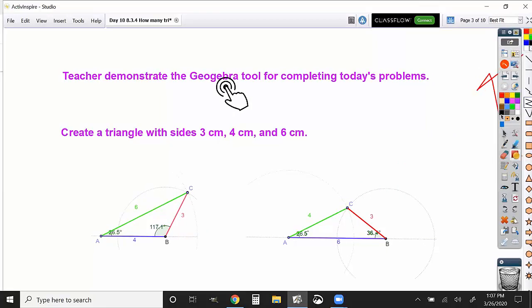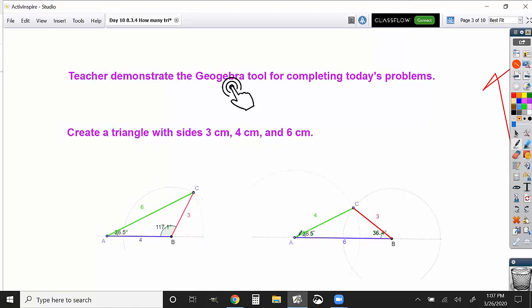That's not going to work too easily, is it? Okay, so if I trace this one, let's see if it's going to let me. Nope. Okay, I'm going to do this the hard way. I'm going to do it by hand, freehand.